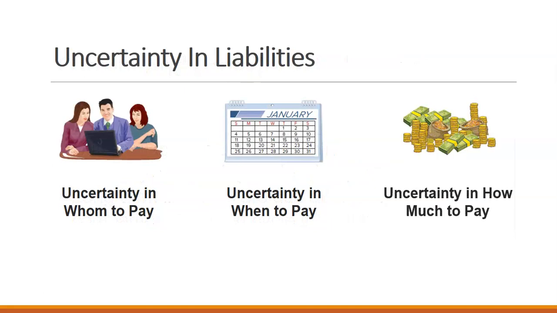What is our uncertainty in liabilities? Well, sometimes we have an uncertainty in who is going to get paid, when they should be paid, and how much to pay. We're going to talk about some of that uncertainty at the end of this chapter when we talk about things like warranty expense, where we have to estimate how many of our customers are going to utilize the benefit of the warranty.